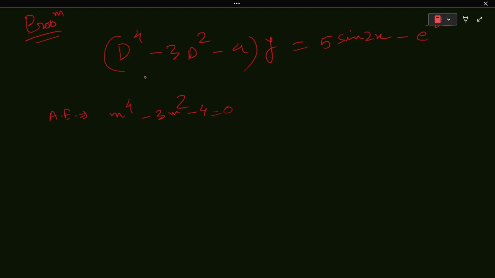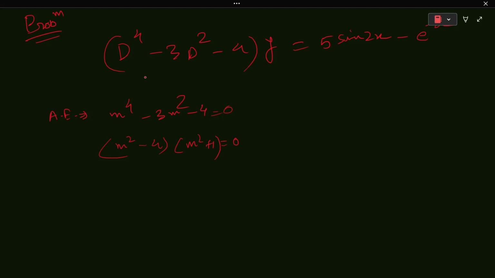And I'm just going to do it as a shortcut. So this is m square minus 4 into m square plus 1 is equal to 0.